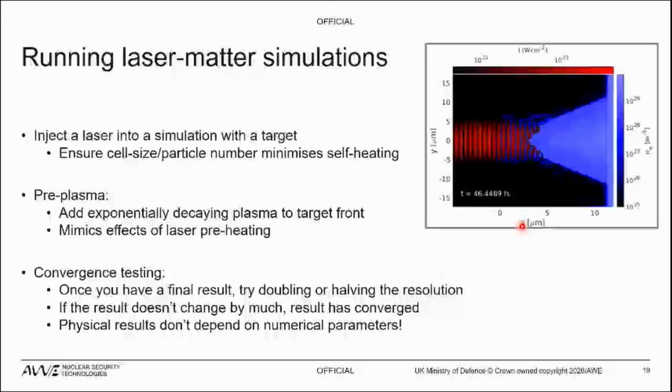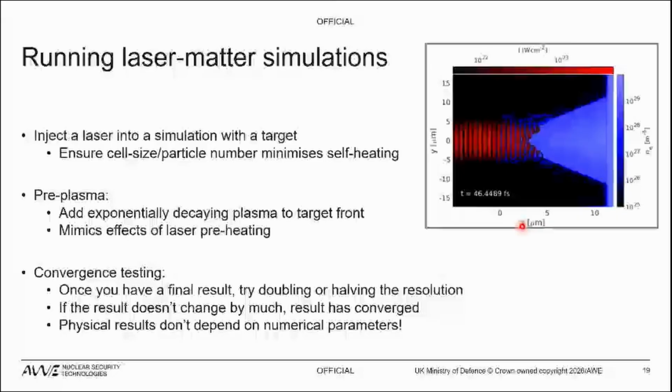So lastly, I'll say that because we're only simulating the peak laser intensity hitting the target, we are neglecting the long intensity rise up to that peak that will be already hitting the target before our main laser arrives. It'll be ionizing that target.